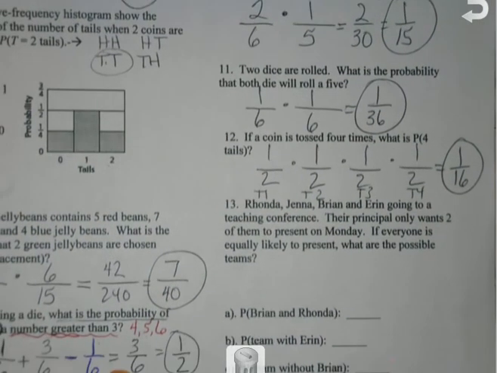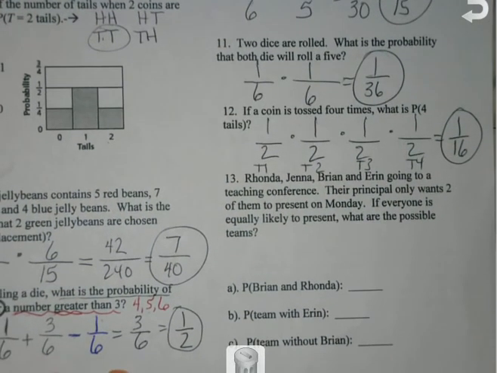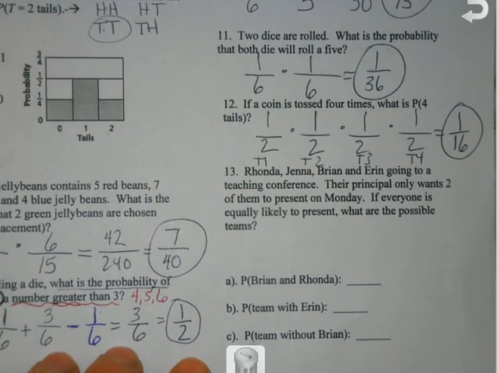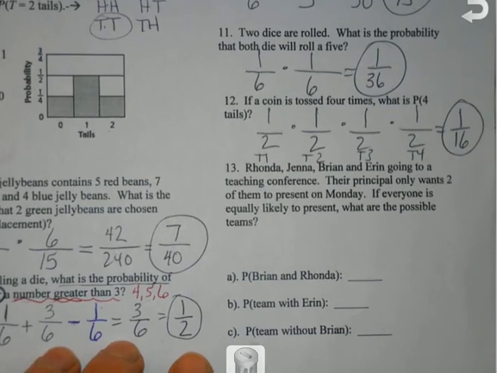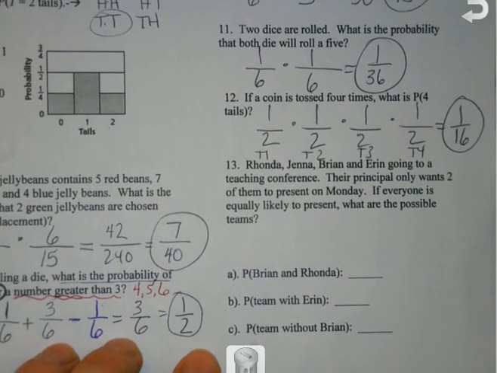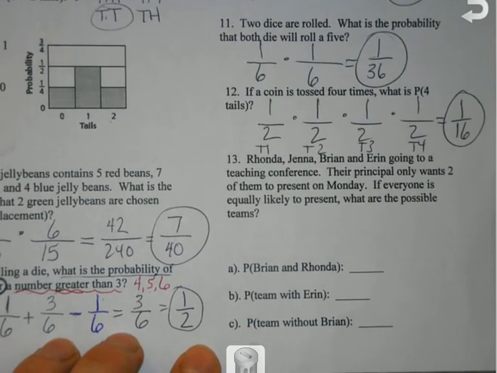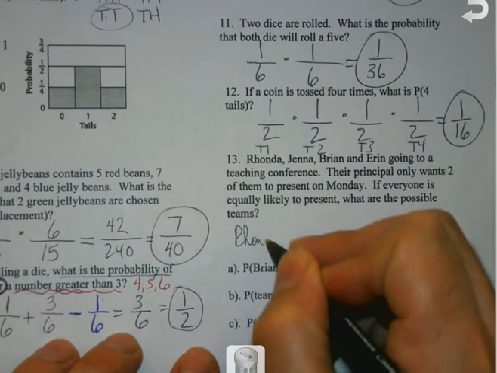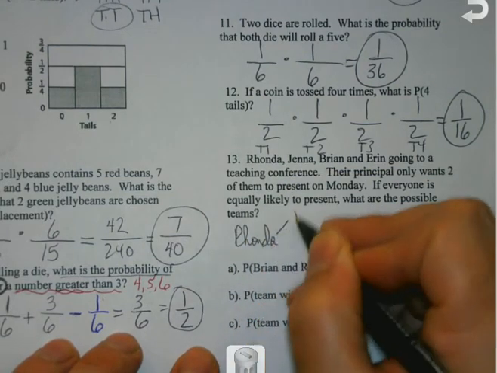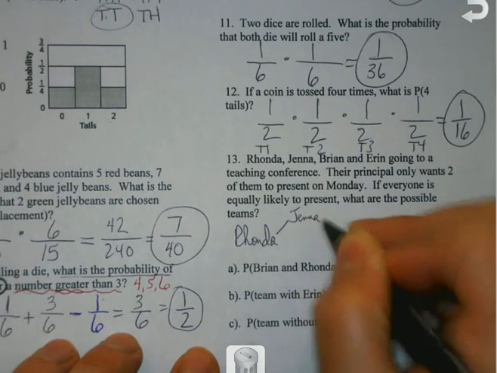All right. Rhonda, Jenna, Brian, and Aaron are going to a teaching conference. The principal only wants 2 of them to present on Monday. If everyone is equally likely to present, what are the possible teams? Now, what I normally would do is I like to visualize this. I like a picture. So I'm going to take Rhonda, and I'm going to say, okay, Rhonda could team with Jenna.